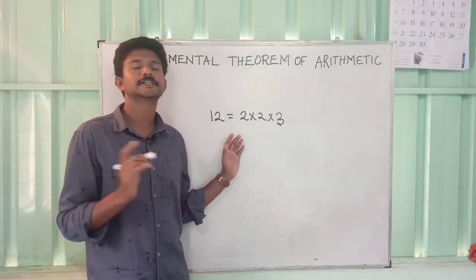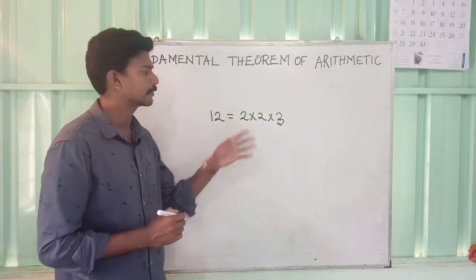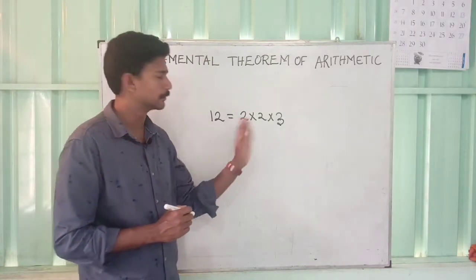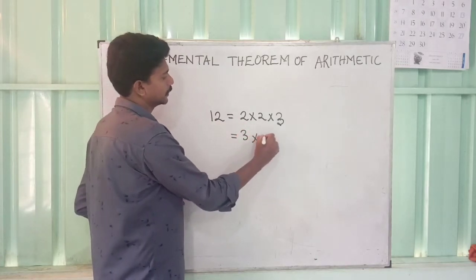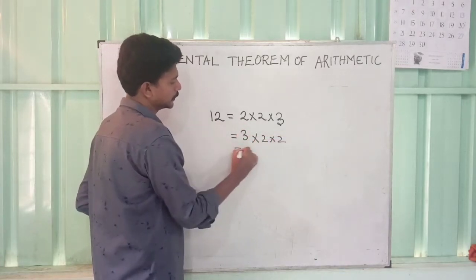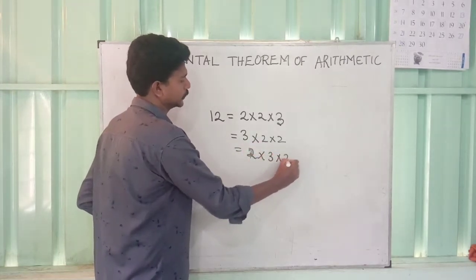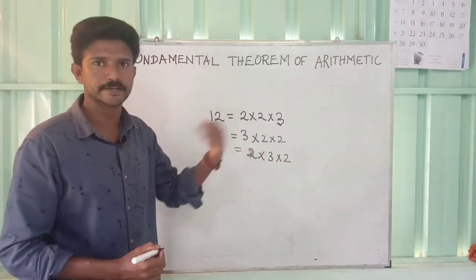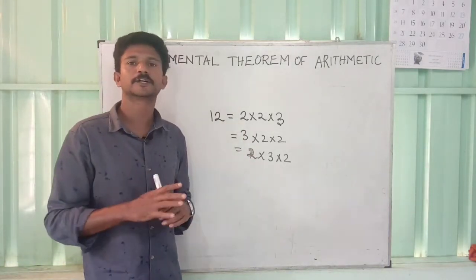In this prime factorization, the order in which the numbers occur we can change, like 3 into 2 into 2 or 2 into 3 into 2. Any order we can use; the order is not a problem.